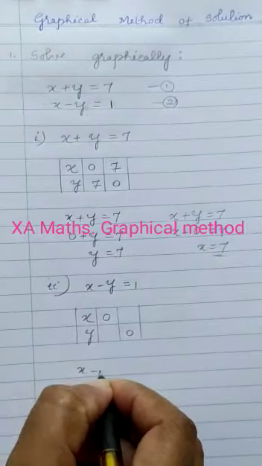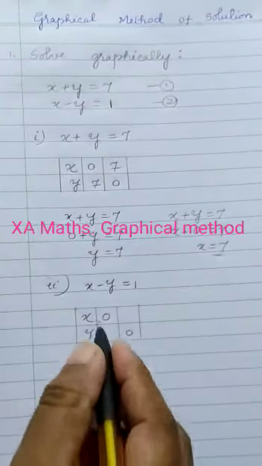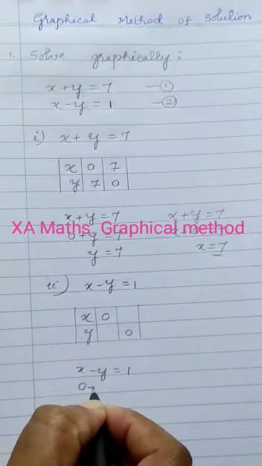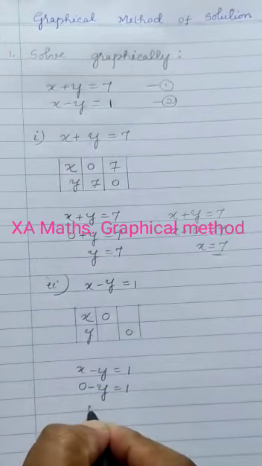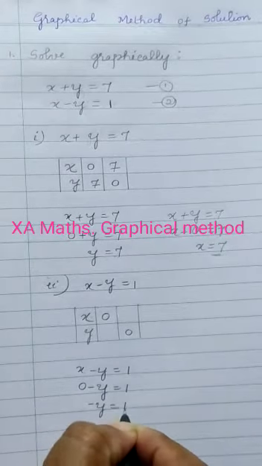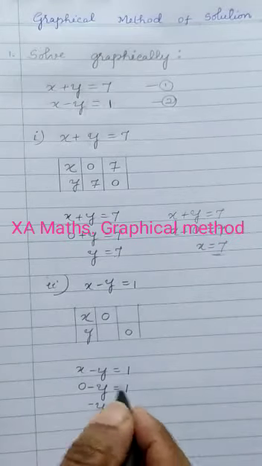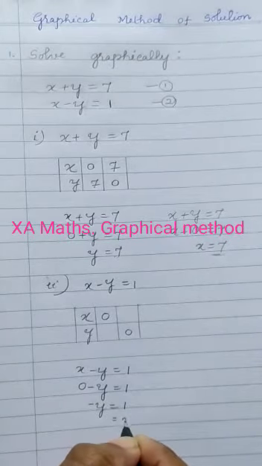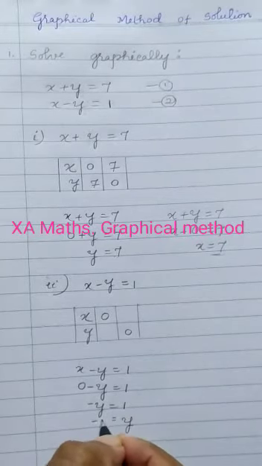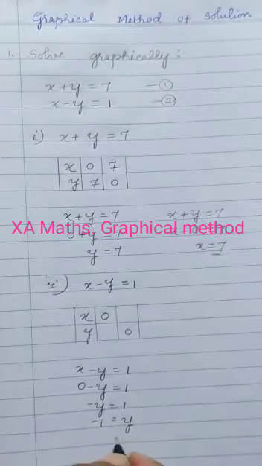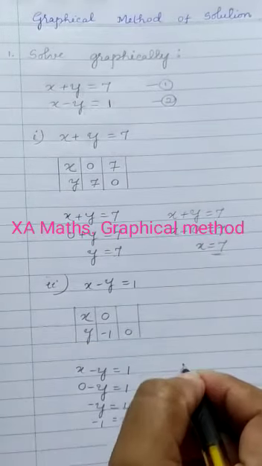So we write x minus y equal to 1. Now put x equal to 0 here, and minus y as it is. So what will happen? Minus y is equal to 1. Take this minus to that side, it will become plus y. Take this 1 here, it will become minus 1. So y value is minus 1.